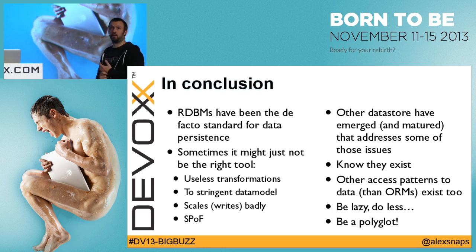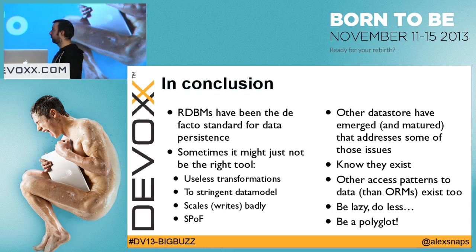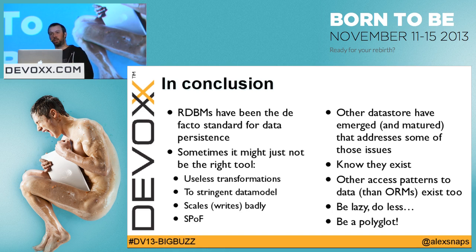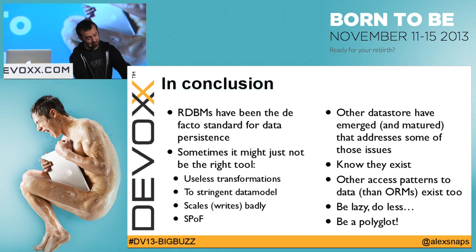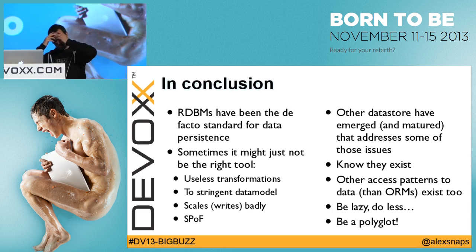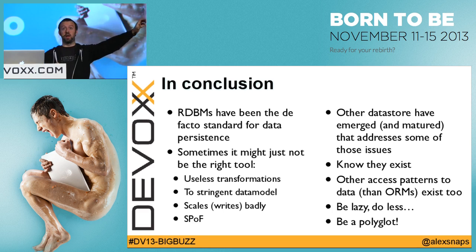And yeah, I think we all agree RDBMSs have been the de facto way to store data. But I think for a while already it hasn't necessarily been the right tool, right? Doing too many transformations, right? Remember this example I took where we want to serve JSON, but nonetheless we get the JSON in, we use Jackson, whatever. There are recipes for that on the web, I think, right?